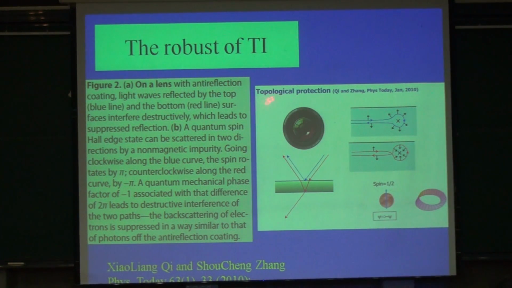Topological protection is similar to the classical optical case. If you have two thin film layers, with one refraction here and the other refraction in the bottom layer, and the two refractions come back, they destructively interfere. So with a certain thickness, you don't have the refracted light, you only have the transmitted light. Here it's the same thing, because you have only two ways to go left and back.